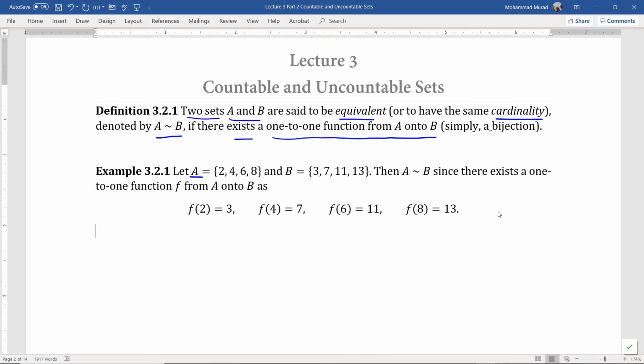Let A and B be the previous two sets, then A is equivalent to B, since there exists a one-to-one function f from A onto B, as shown here.